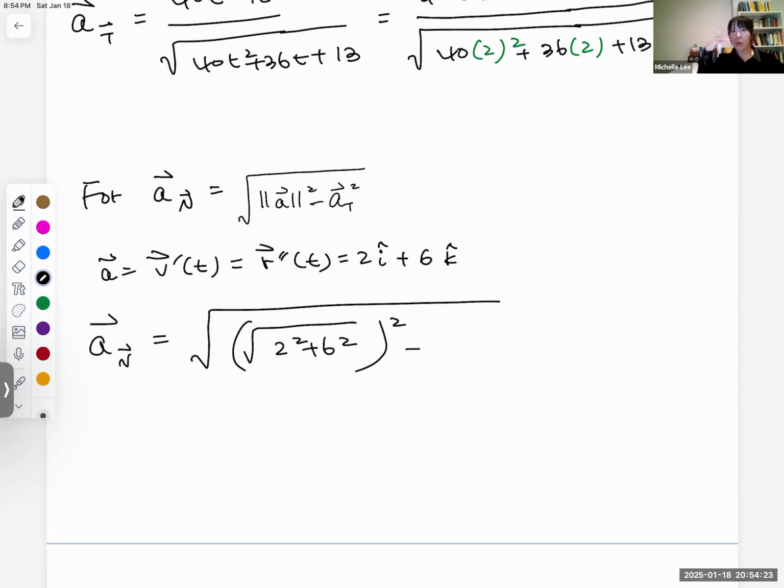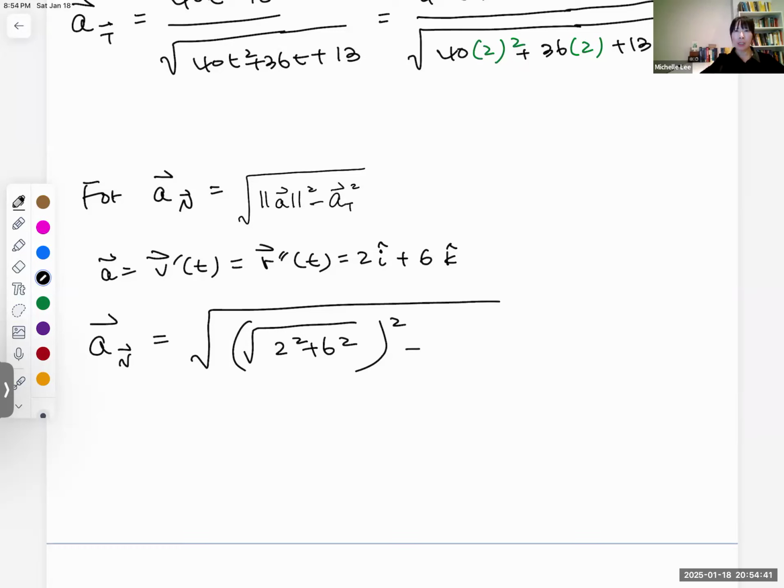So basically, we want to find it when t equals 2, right? With just the letters, the variables, it's a lot of work. How about just using whatever we have earlier?